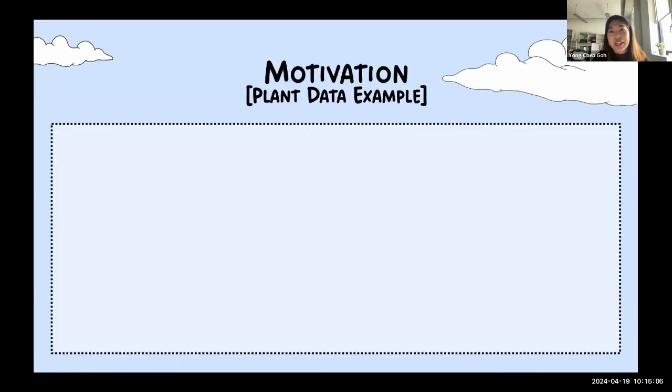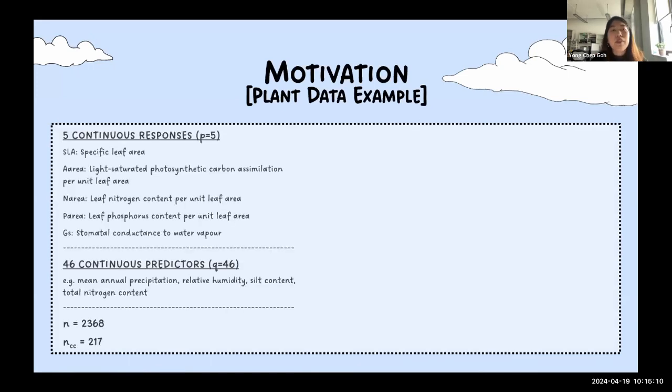So the motivation behind this work is this data set that we have. It has 5 continuous response variables that correspond to some leaf traits, such as specific leaf area, light saturated photosynthetic carbon assimilation per unit leaf area, and so on.